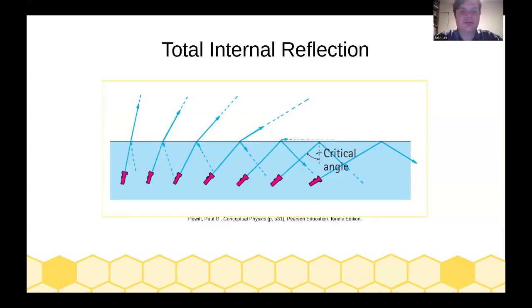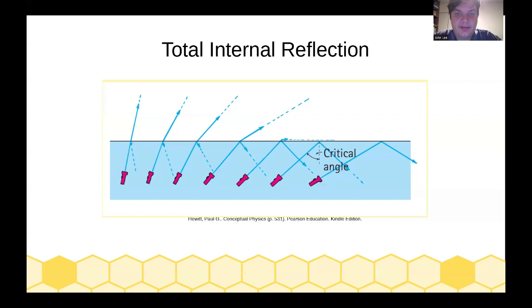Another consequence of these reflection and refraction angles is total internal reflection, where if you have light that comes from a source inside of an object that has a greater index of refraction than the outside, then the light will bend more as it goes to the outside until eventually, as you can see on this diagram, the light will bend so that it no longer leaves.